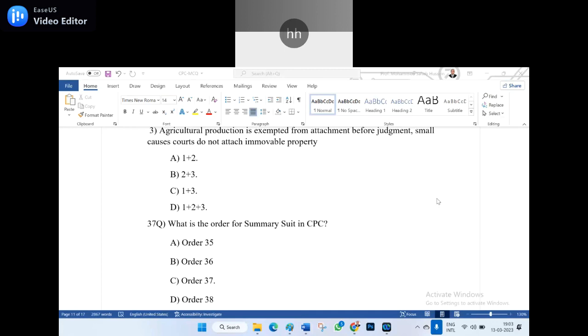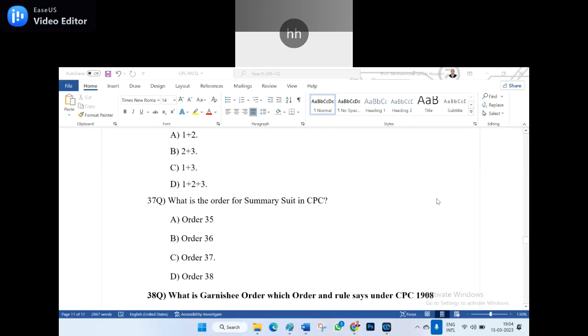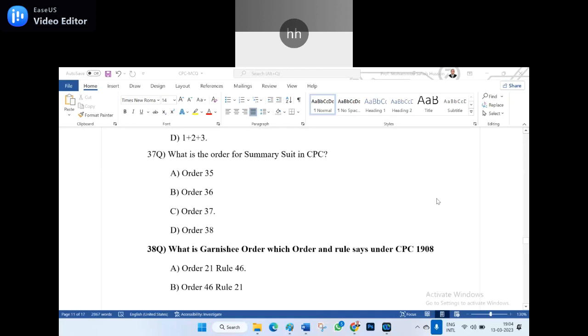Option A, Order 35. Option B, Order 36. Option C, Order 37. Option D, Order 38. Summary suits. Option C, sir, Order 37. C is the right answer. Order 37 deals with the summary suit in CPC 1908. So the 37th question, right answer is C, Order 37.